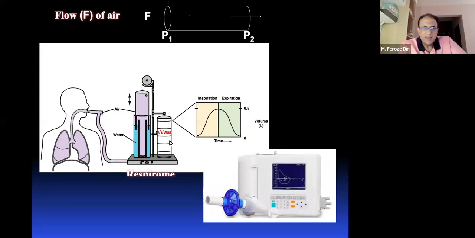The pen can chart how much air is coming in and out. These days we do the whole thing electronically, and it's very much easier. You simply blow into a machine which analyzes your air moving in and out of the lungs.